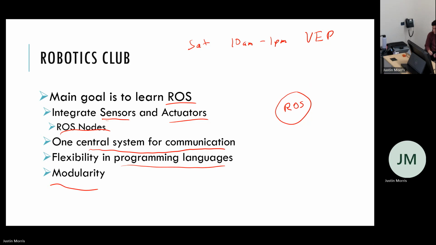And they could also be publishers sometimes because they can be reporting their angle or something like that. Okay, so that is just an overview of Robotics Club and the things that they're learning.